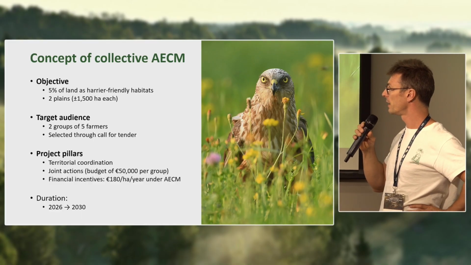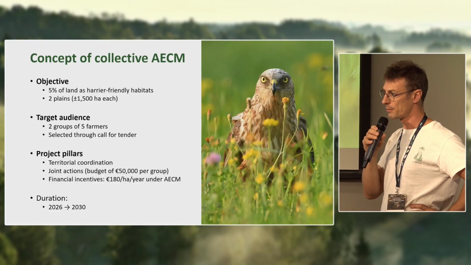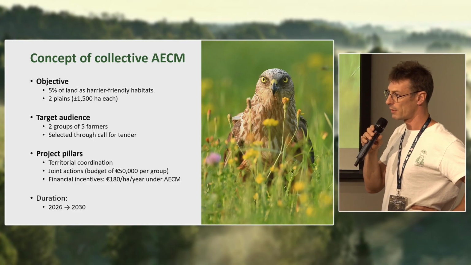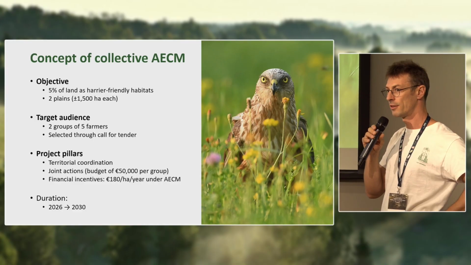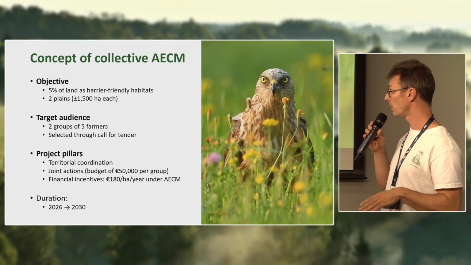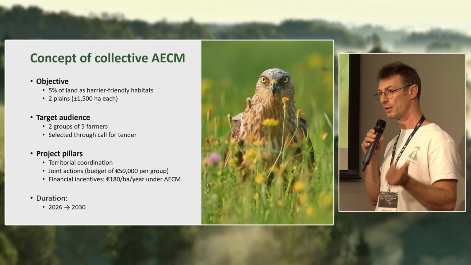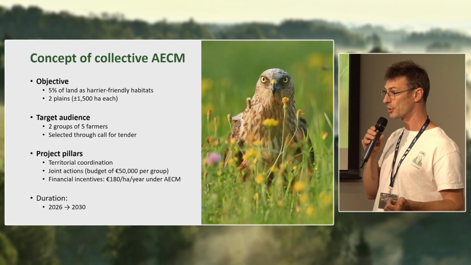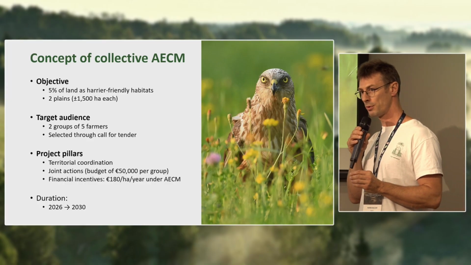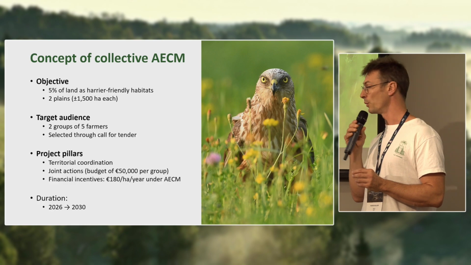We want to find at least 2 groups of 5 farmers, and we are selecting the groups of farmers through a call for tender, and I will give you the result in the next slide. The idea of the project is that we will have a territorial animation. So we'll have 1 person that will work for each group 1.5 days a week.